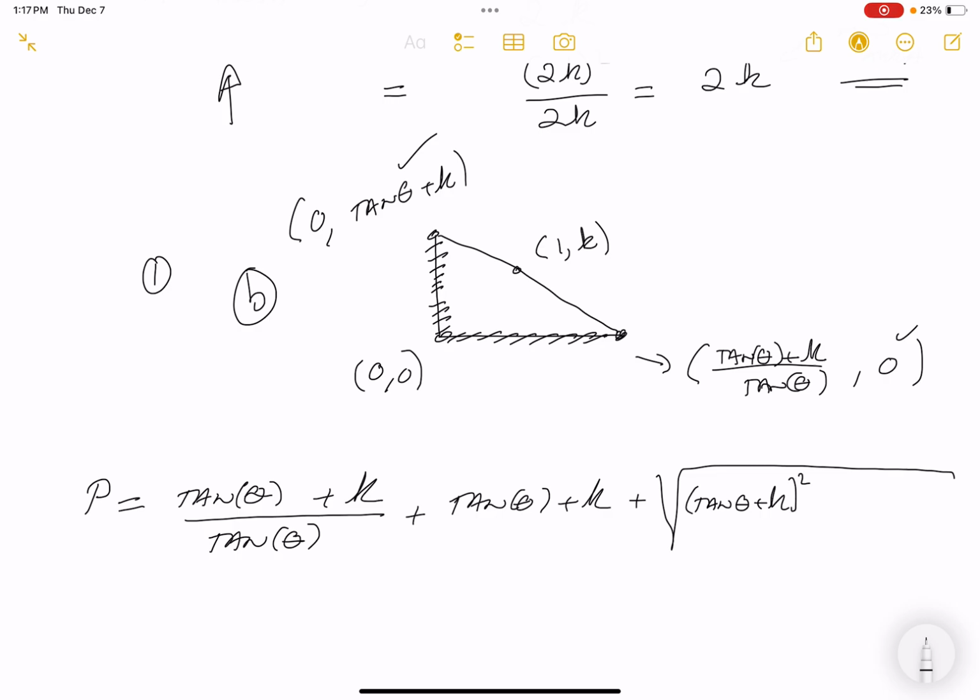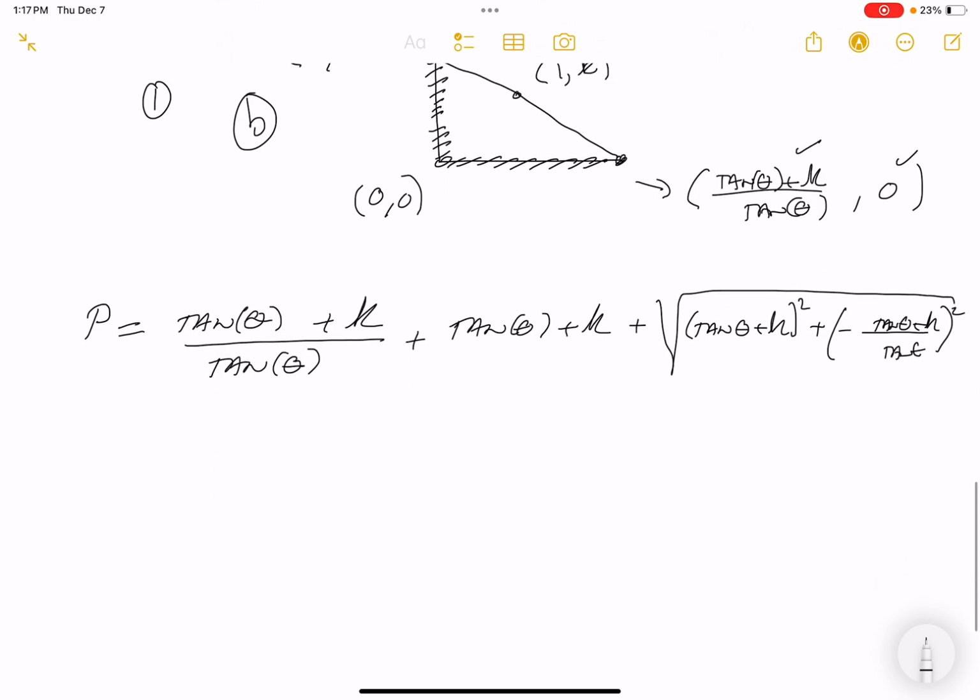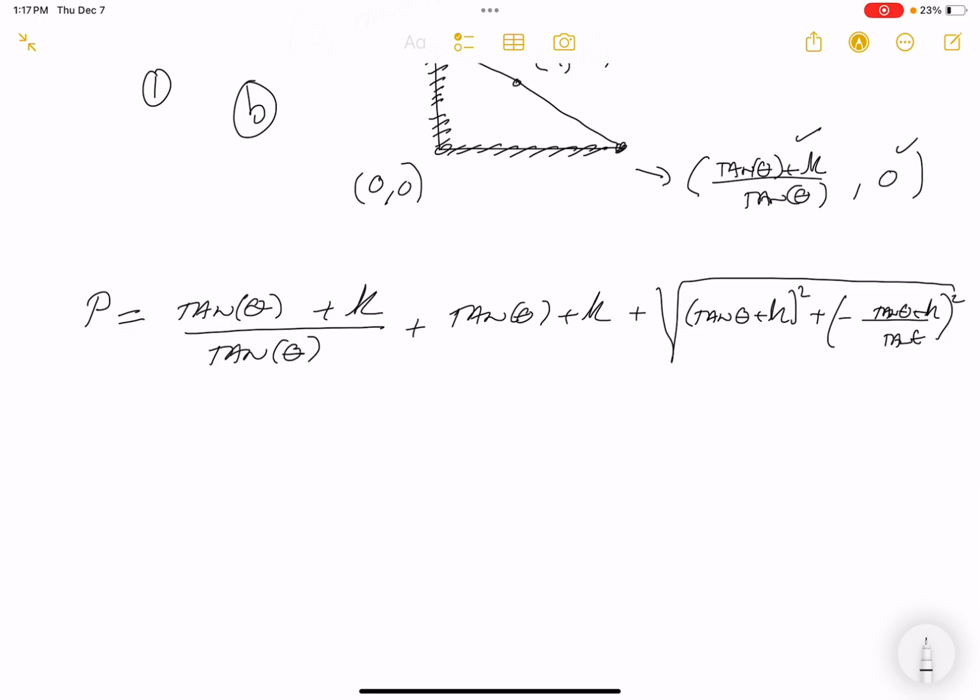So squared, plus this over here, which is going to be 0 minus that thing, and I'll write this over here. I'm not going to put the 0 down, but I'll put minus. That's going to be tan theta plus k over tan theta, and that's going to be squared. Well, it doesn't look like what they say it looks like, so I got some work to do.